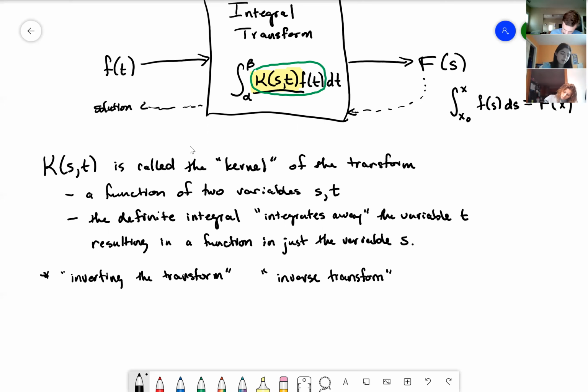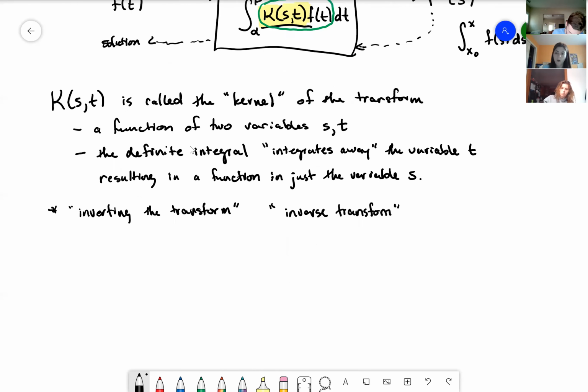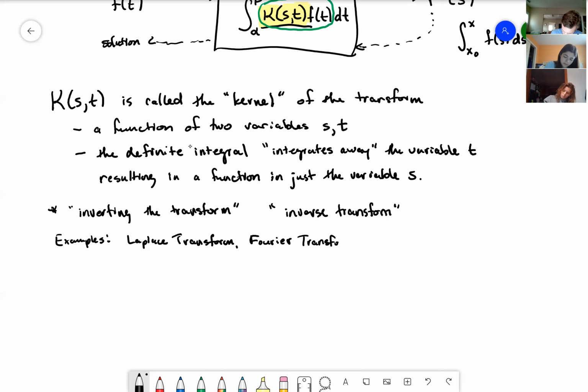So the Laplace transform is one example, and that's the one that we'll talk about. But one you've probably heard of, and it's probably more famous and more used than the Laplace transform, is the Fourier transform.